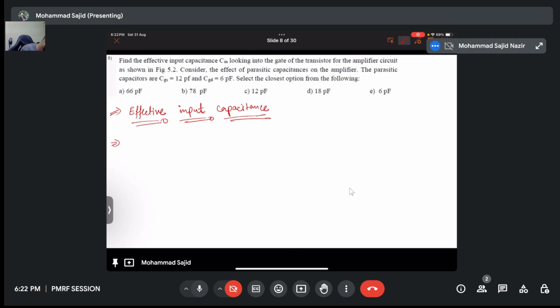That means we need to consider the parasitic capacitance by using the Miller theorem. Now, let me just quickly draw the equivalent circuit.